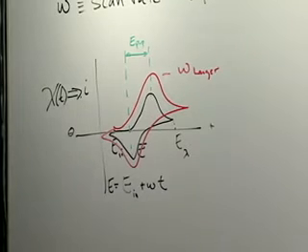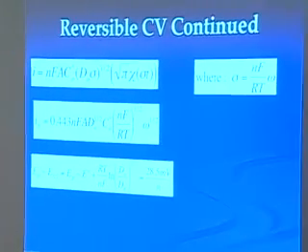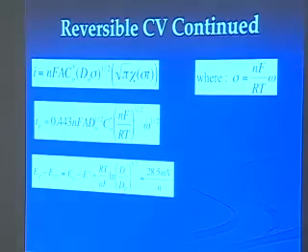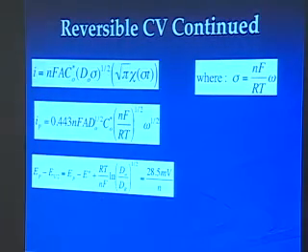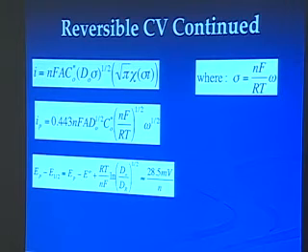And this is right out of Nicholson and Shain's paper. Again, they reference it to the half-wave potential, and that half-wave potential, again, being exactly between the two peaks. So if we go halfway in between these two peaks, right here approximately, we have the half-wave potential. They've referenced it to that.